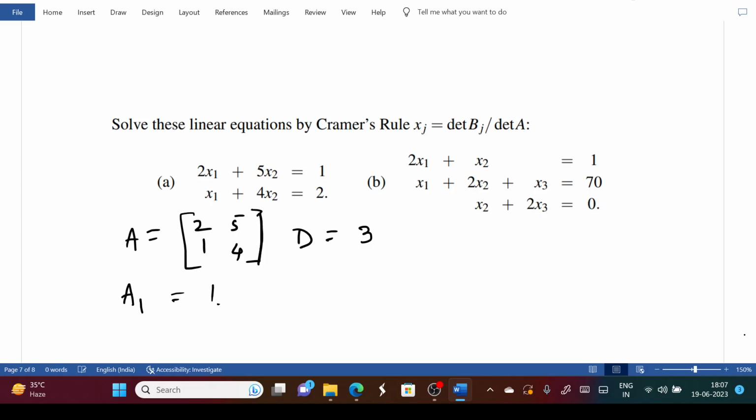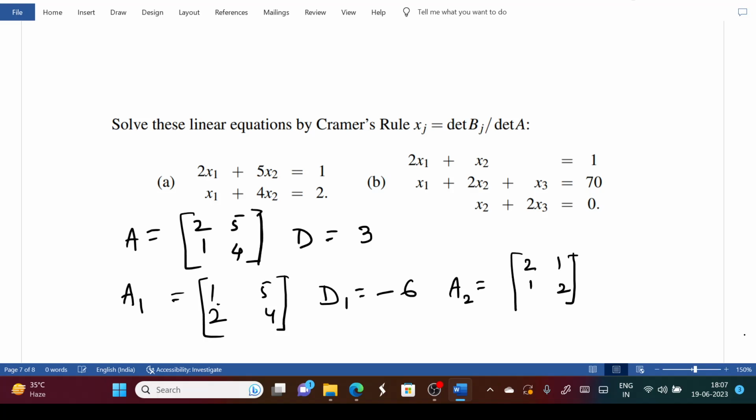The first column will be replaced by 1, 2, so 1, 2, 5, 4. What is D1? D1 is 4 minus 10, so minus 6. What about A2? A2 is 2, 1, 1, 2. That is 4 minus 1, 3. So D2 is equal to 3.